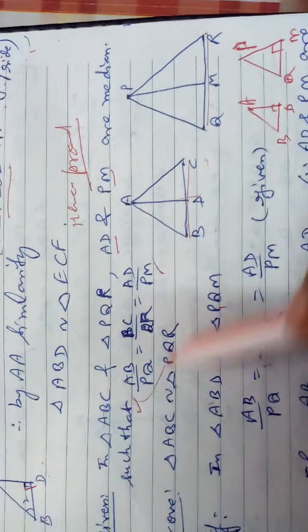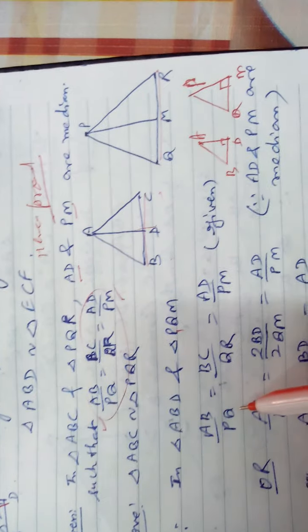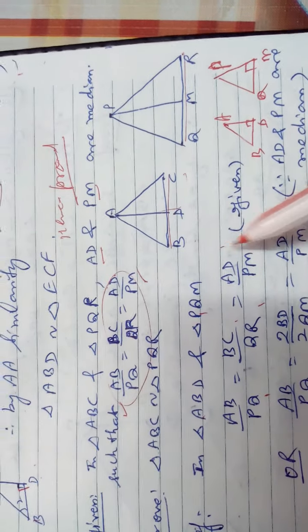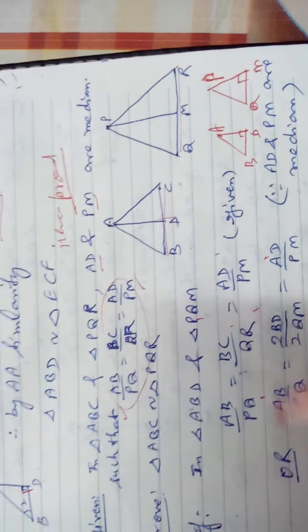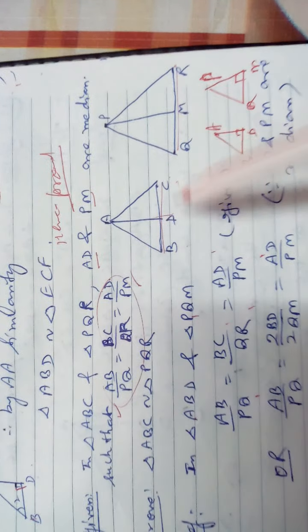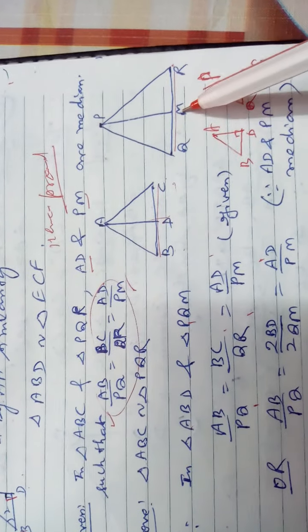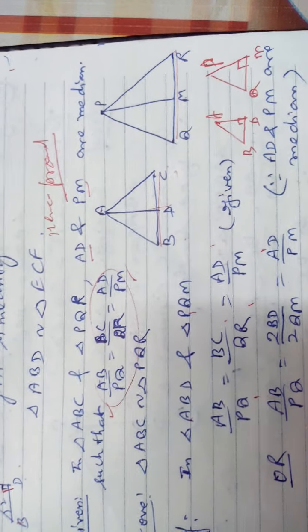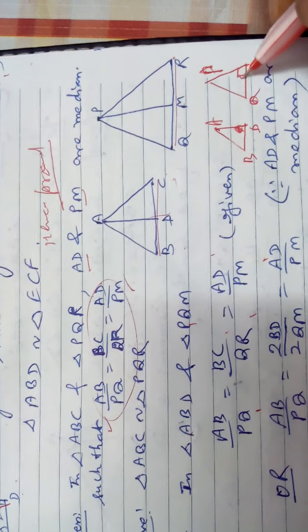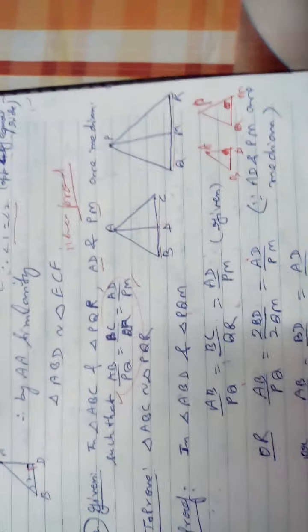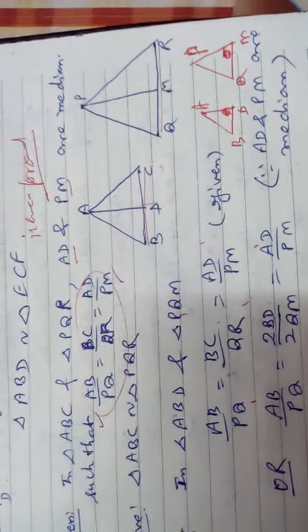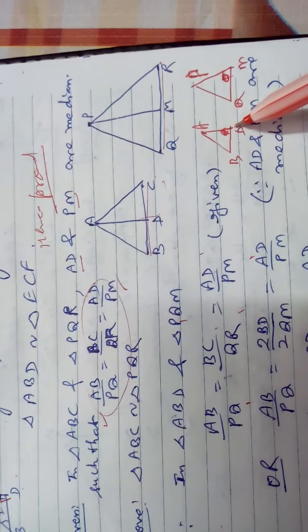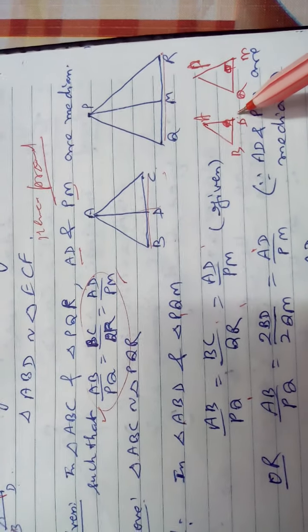You want to prove, what is the ratio given, that you write down again. AB upon PQ, BC upon QR, AD upon PM. If you get BD upon QM, then it means it is a median, not a 90 degree. Median means line joining the vertex to the midpoint of opposite side.